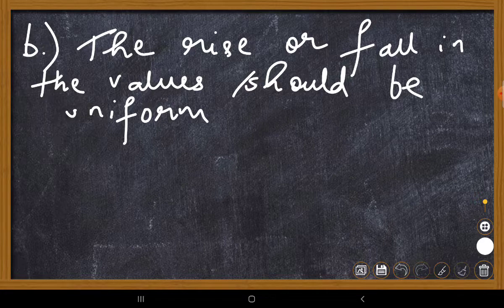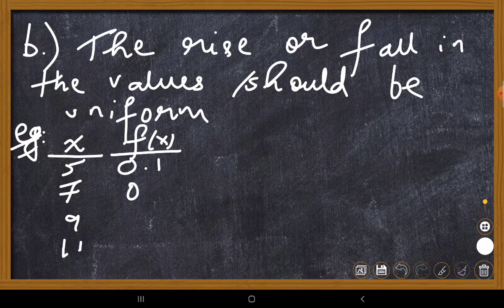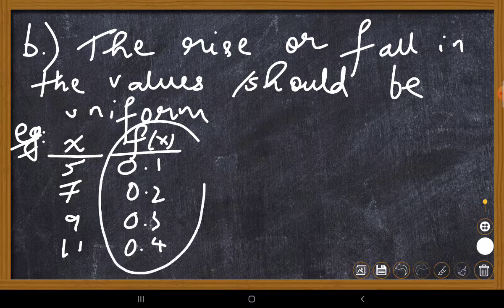We take again that same example I've given just now. Suppose this is your x value 5, 7, 9, 11. Then f(x) takes 0.1, 0.2, 0.3, 0.4. So we see here that the rise in the values of f(x) is uniform.